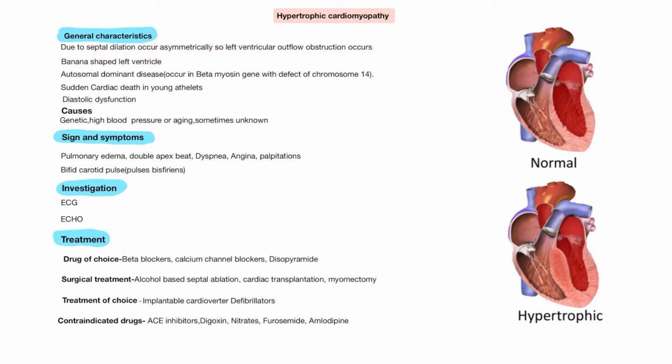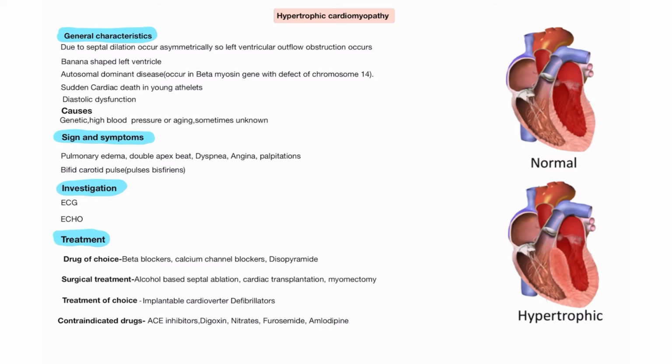Here you will see this is the normal size of the heart, the normal heart. This is the hypertrophic heart. What is the difference? In this diagram you will see the normal septum, which separates the right and left ventricles. But in hypertrophic cardiomyopathy, you will see abnormal growth of the septum.